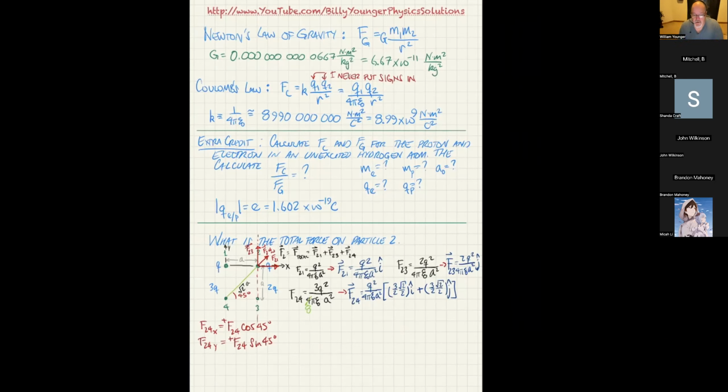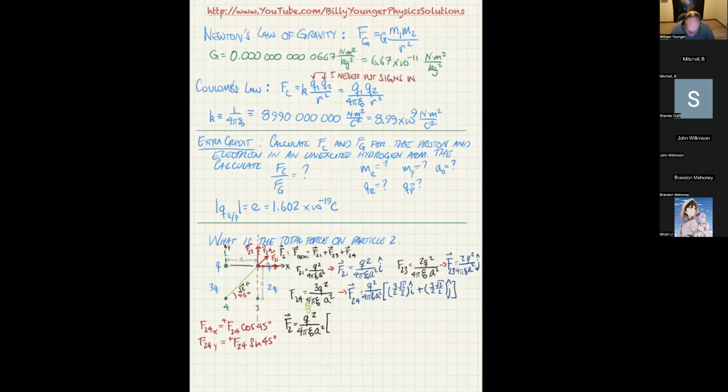Okay. So what I'm going to do now is say F total, which is F2, is going to be, I still have that common q squared over 4 pi epsilon naught a squared. So I'm going to make use of that, just because it makes life a lot easier to write all this stuff.